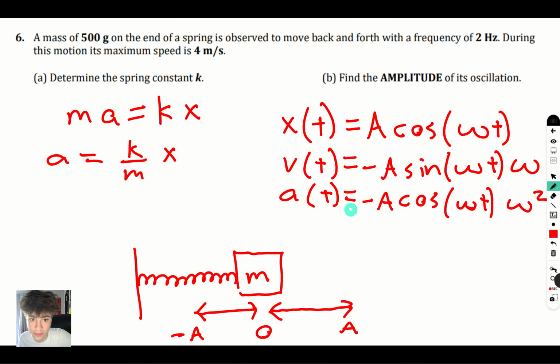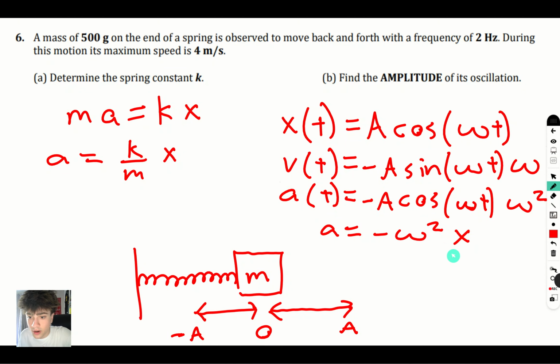We find that we have an a cosine omega t down here and up here, and we know that this a cosine omega t is simply displacement. So we can just set this a cosine omega t as x. So let's rewrite our acceleration as negative omega squared x. All we did here was substitute this term for this term right here.